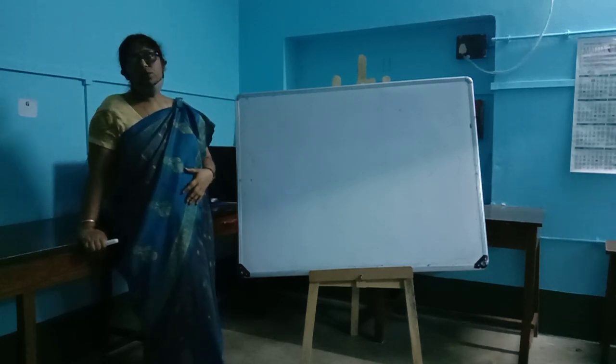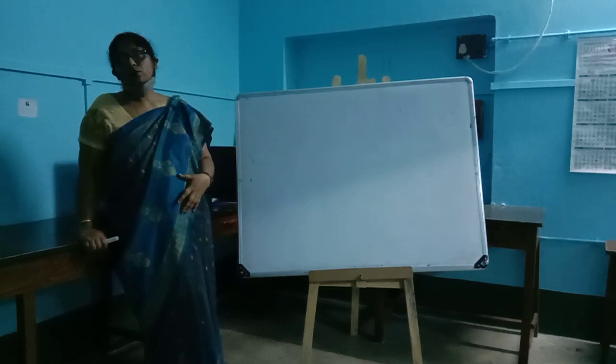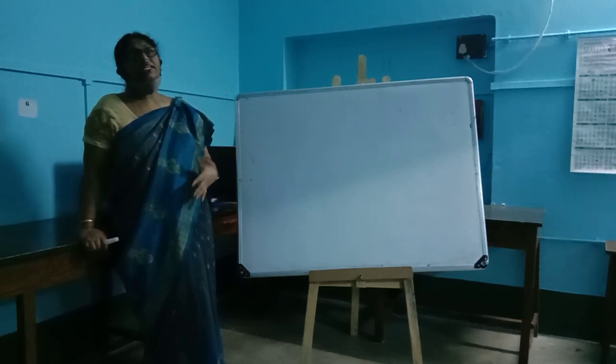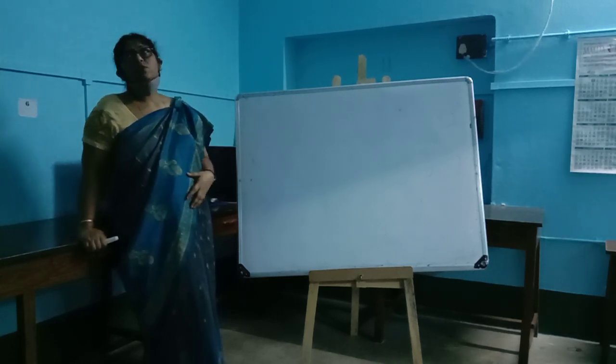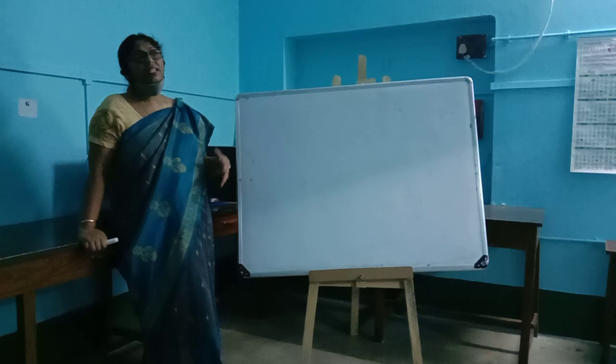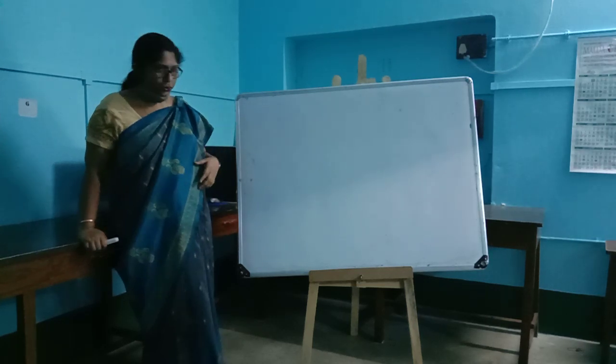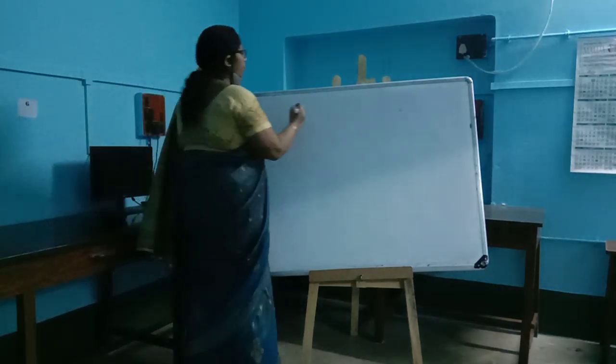One is the body chromosome, which is known as the autosomes, and the other one is the allosome or the sex chromosomes. So if you take the human beings, in human beings the chromosome number is 46. That means there are two sex chromosomes.